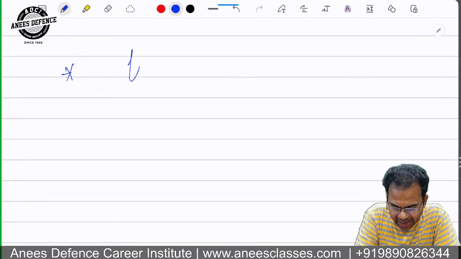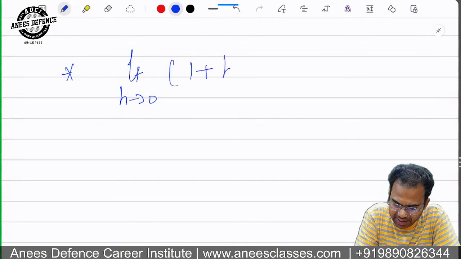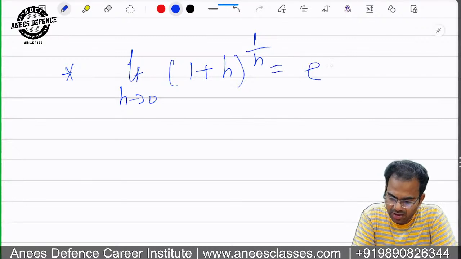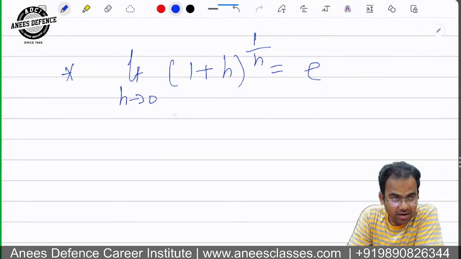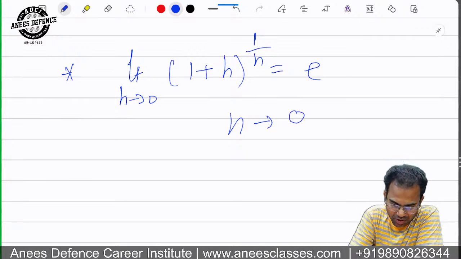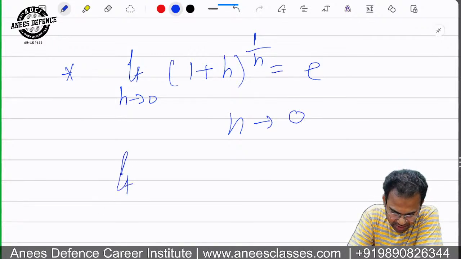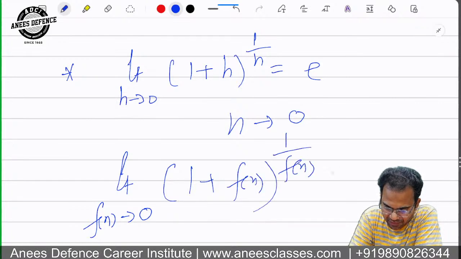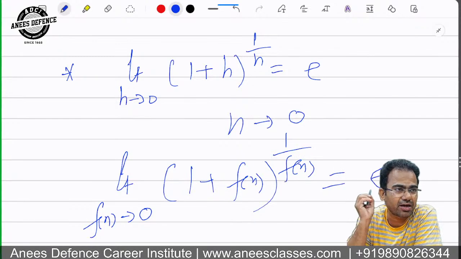You know that limit h tends to 0, 1 plus h whole to the power 1 upon h, equal to e. Here h tends to 0. Okay? You can write f of x tends to 0, 1 plus f of x whole to the power 1 upon f of x, you will get e.